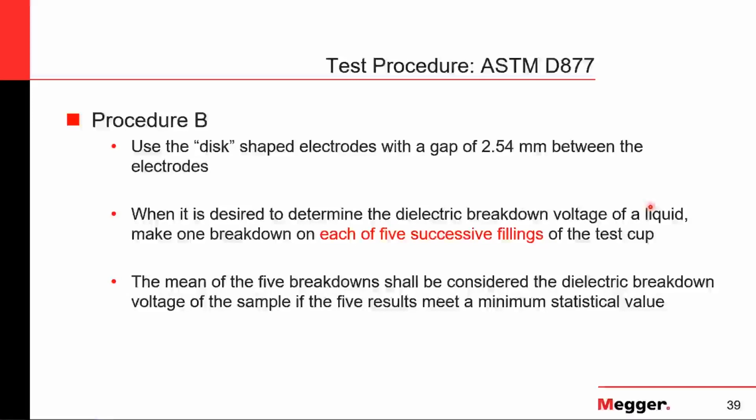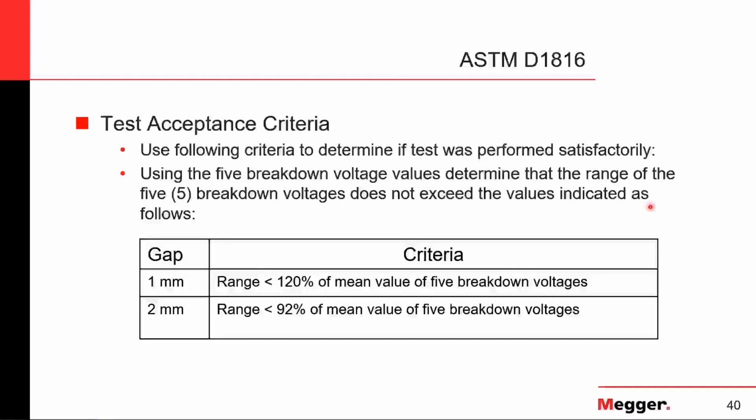The range is just the difference between the maximum breakdown voltage measured and the minimum breakdown voltage measured. That range should be less than 120% of the mean value of those 5 breakdown voltages measured. If you're using 2 millimeters, then that range should be less than 92% of the mean value of the 5 breakdown voltages.